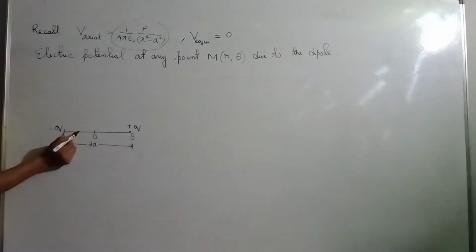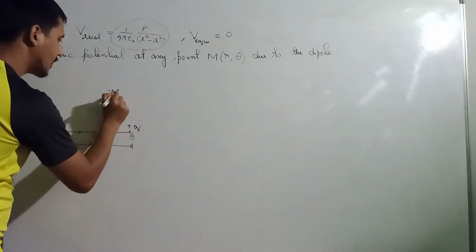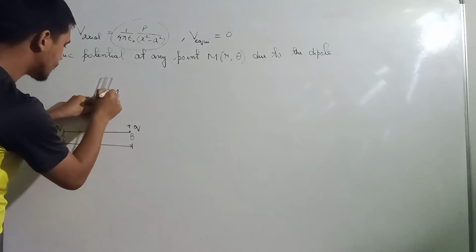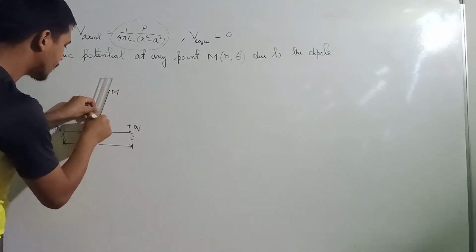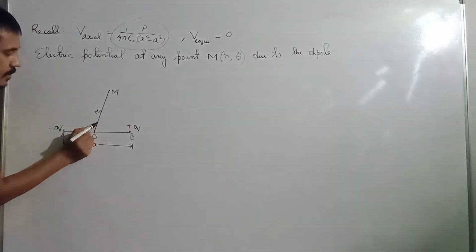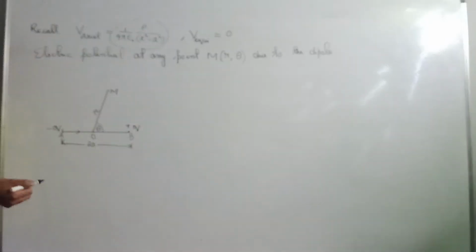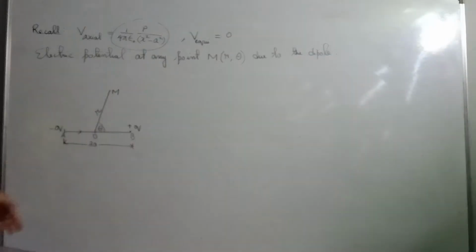Direction of the dipole is from negative to positive, right? So let me mark that point M. This is your point M, which is at a distance r from the center of the dipole, and it makes an angle of theta with the direction of the dipole. Now what I'm going to do, there is another procedure.